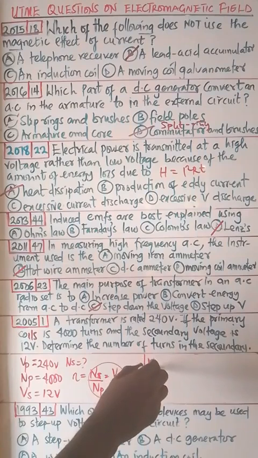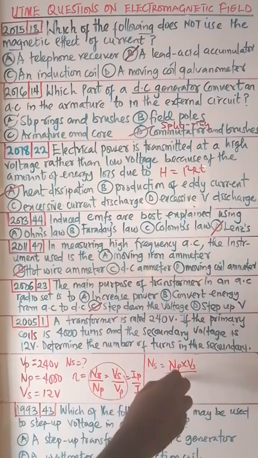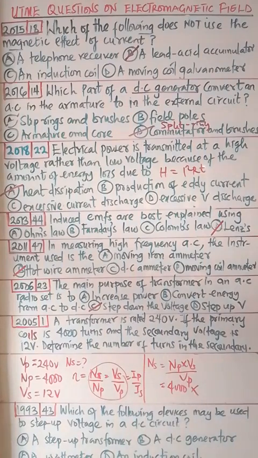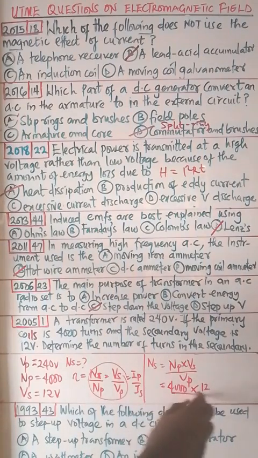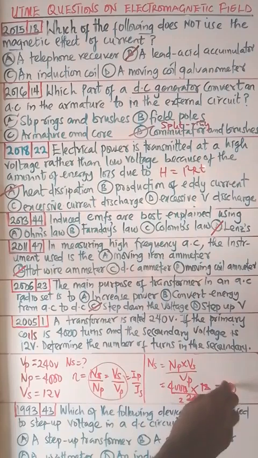Secondary turns becomes NP times VS over VP. So NP is 4,000, VS is 12, VP is 240. These zeros take away, 12 goes into 240 twenty times, so 4,000 over 20 is 200 turns.